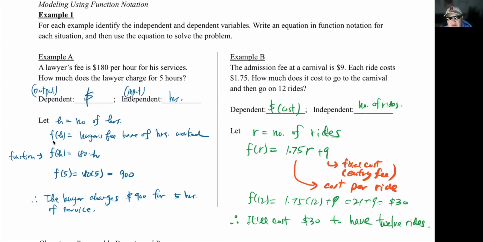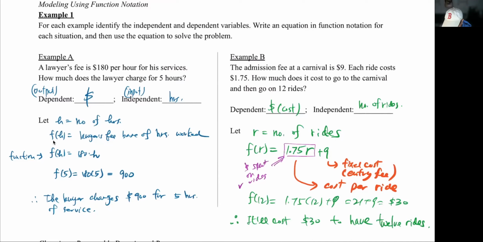And 9 is the fixed cost. That's the entry fee. When I say cost per ride, that's $1.75. When you multiply by R, this is the money spent on R rides, right?